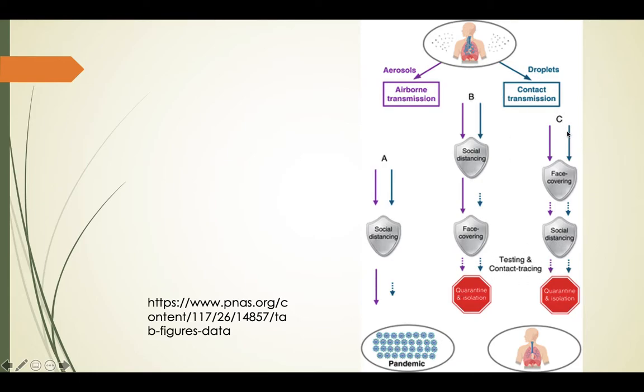Given that there is also testing and contact tracing. Then lastly, for another scenario, we have face covering first, before social distancing and then quarantine and isolation. You see how effective the combination is.